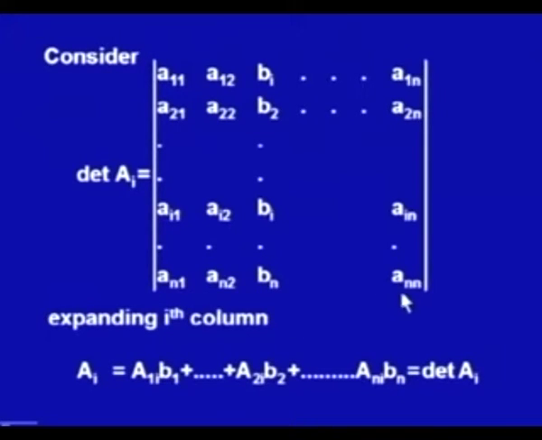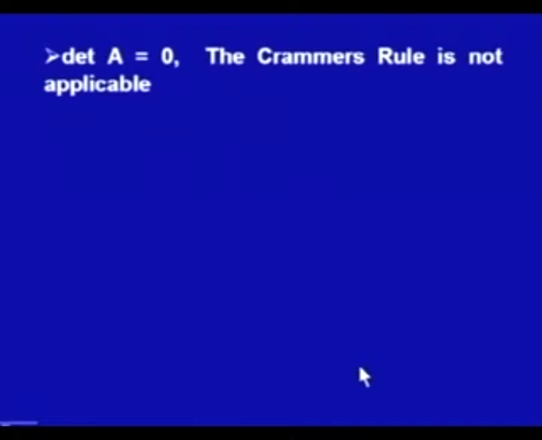So, this I know from the properties of determinant. So, this is nothing but determinant Ai. Once I am convinced that this expression is determinant Ai, I can easily prove the result. Now, if determinant A is equal to 0, then since the formula which I have derived has determinant A in the denominator, Cramer's rule is not applicable.